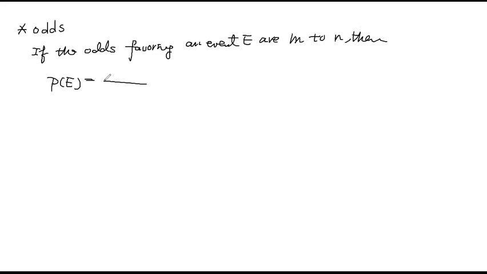Because it's favoring, you just say M over M plus N, right? So what does that mean?